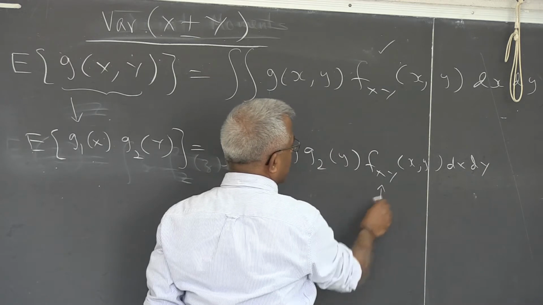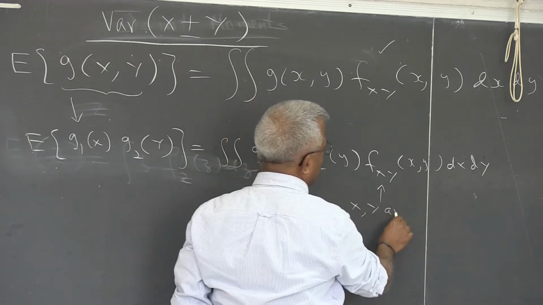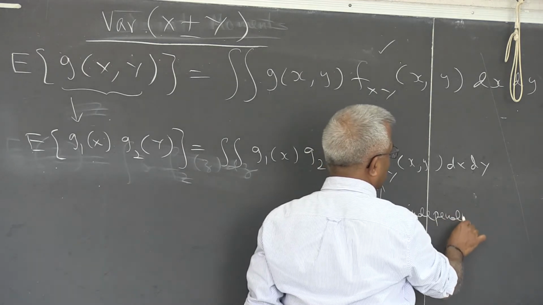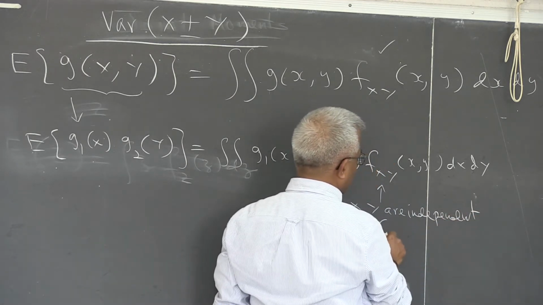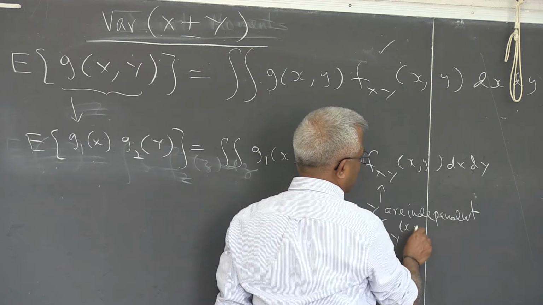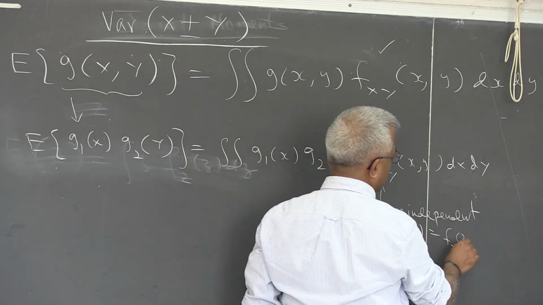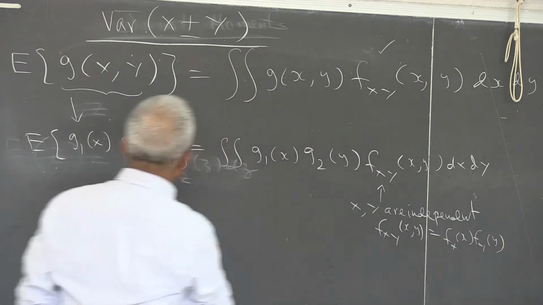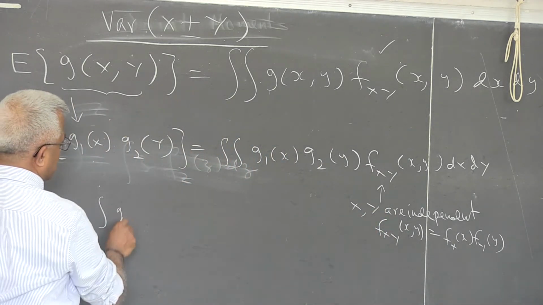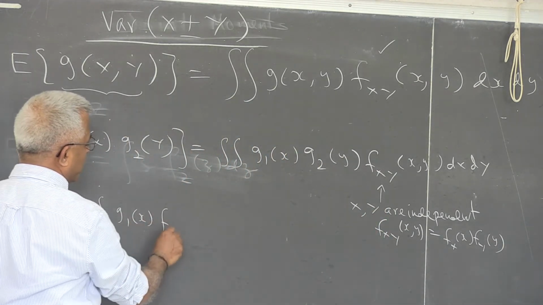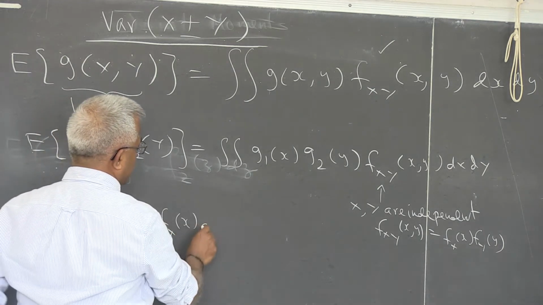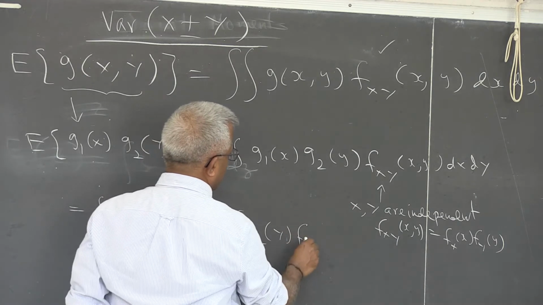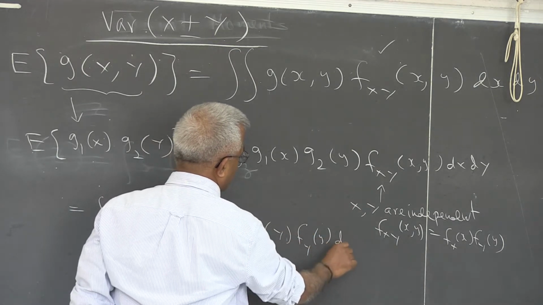So in this case, if x and y are independent, then of course the joint density function is the product of the density functions. And if you plug this in here, you see that the integrals are separate. So you can write this as the integral of g1(x) fx(x) dx multiplied by the integral of g2(y) fy(y) dy.